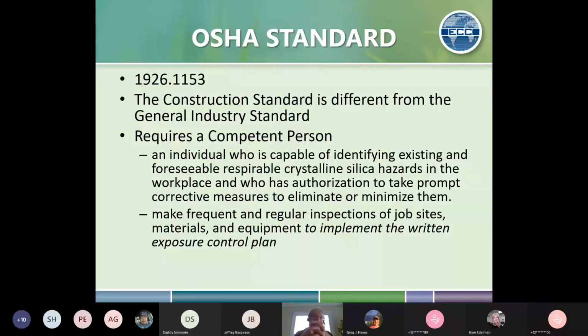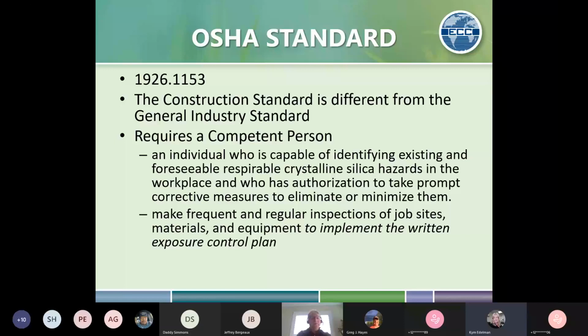And so about 6-7 years ago, they published new standards for silica exposure, which has a bunch of other requirements in it. And they actually published 2 different standards, one for general industry, so it would be for manufacturing, and one for construction. So we're going to focus on the construction standard today.